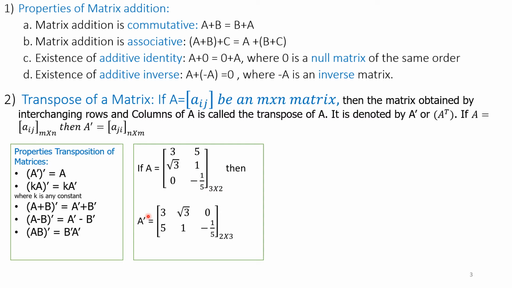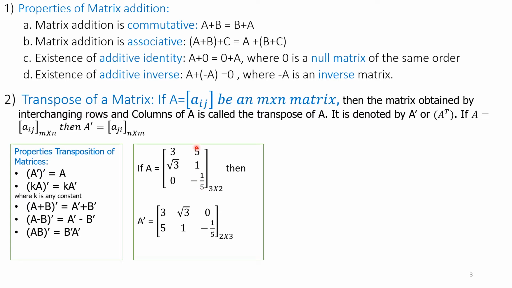Then the transpose of A, denoted by A dash, is equal to 3 as it is, root 3 comes in the first row, therefore 3, root 3 and 0. So, the first column is replaced as first row. Similarly, we go to the second column. The second column in A is 5, 1 and minus 5.